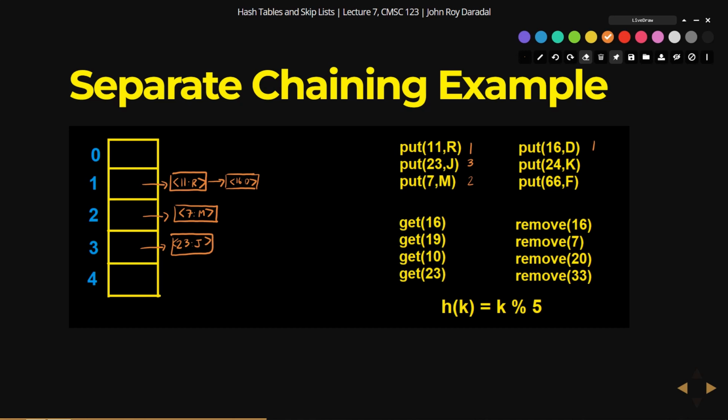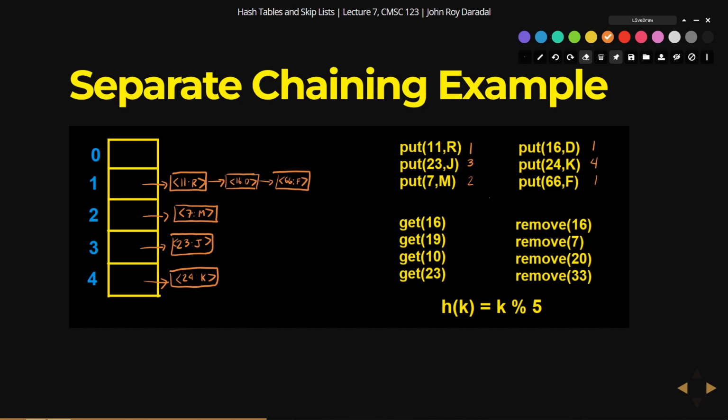Next is 24K. 24 modulo 5 is 4. So we'll put this at index 4, 24K right here. And then finally 66F would be at index 1, right? 66 modulo 5 is 1. So 66 does not exist here, so we can add it safely to the end here. 66F.